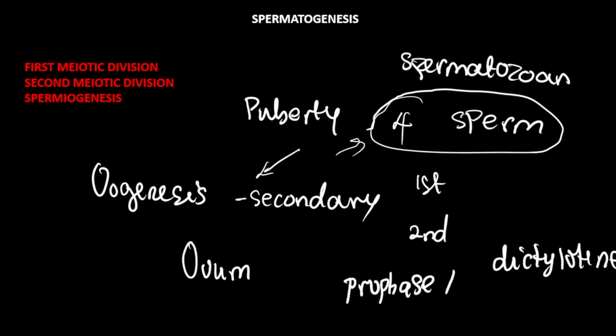The cell was in the resting phase of dictyotene, and it stayed in this phase up until just before the onset of puberty. However, for spermatogenesis, we would go on to see that prophase 1 only lasts for about 22 days. So these are some of the minor differences comparing spermatogenesis to oogenesis.